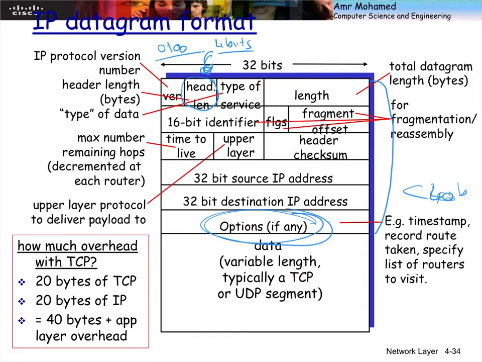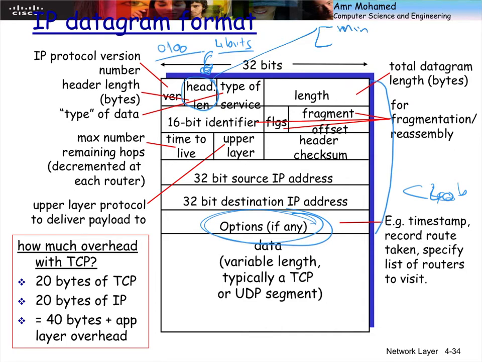Okay, so 60 divided by 4 is 15. So what is the minimum value for the header and the maximum value?